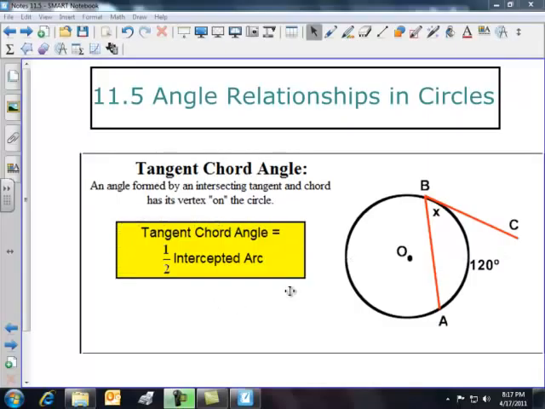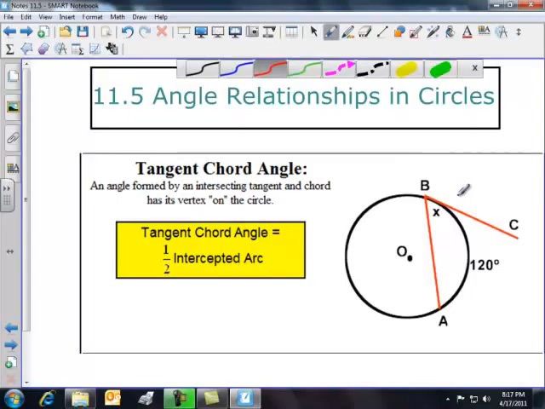So the tangent chord angle is equal to half of the intercepted arc. In this particular case, angle X would be equal to 60 degrees.